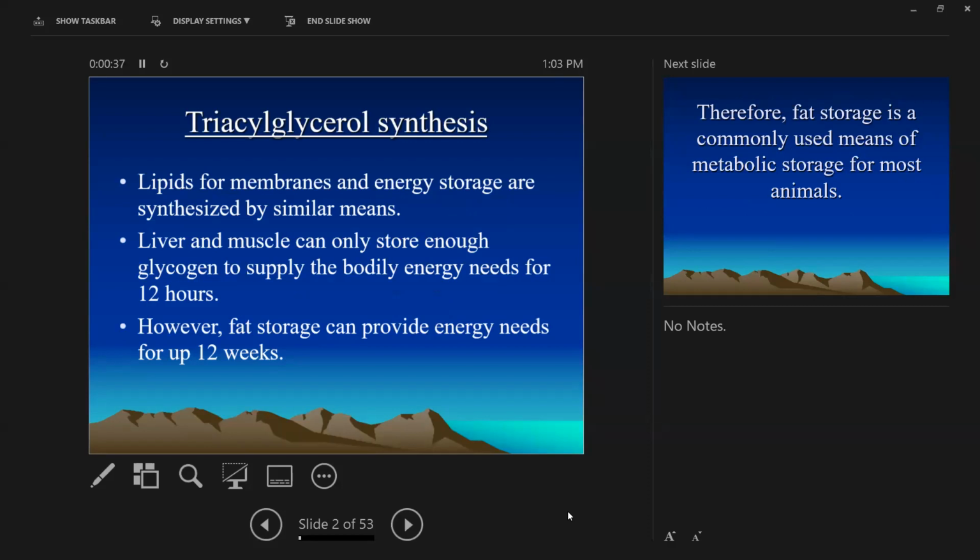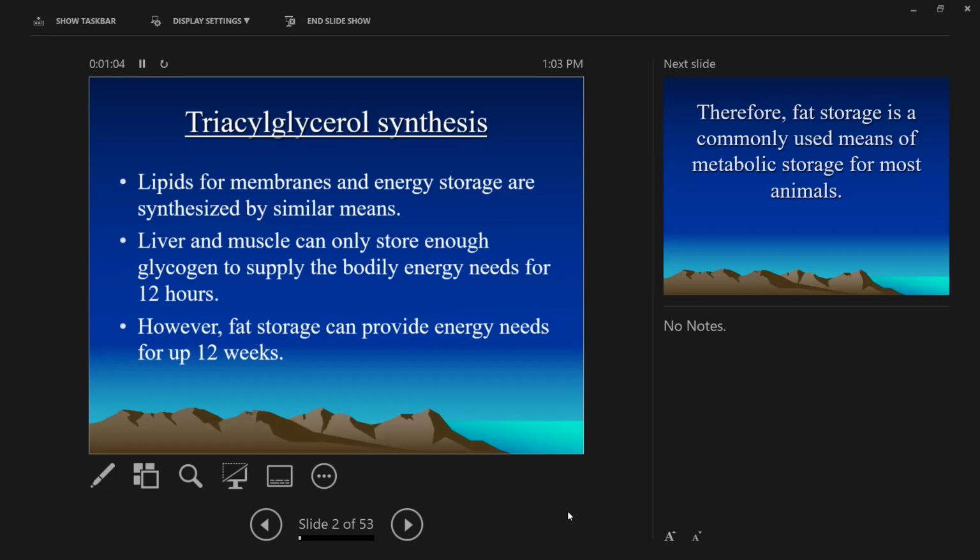They can double as a shock absorber for various parts of your body. They can also serve as an insulator to keep body heat in. Fat is an excellent insulator. And that is one reason why Arctic animals will store layers and layers of fat underneath their fur as insulators.